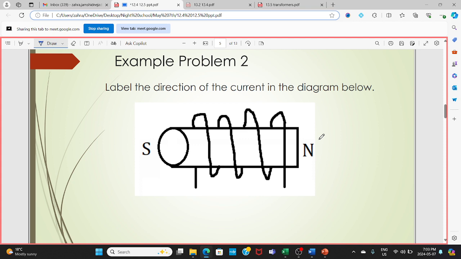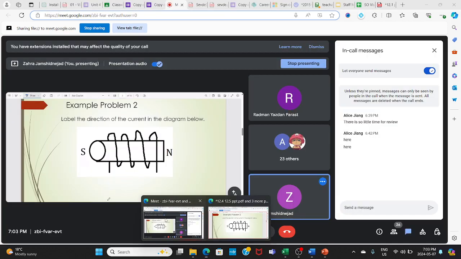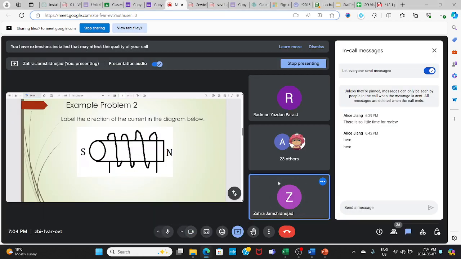Then you tell me what is happening to the current at the back and in front. Is the current at the back going up or down, or in front going up or down? You tell me. Everyone understood what I mean?